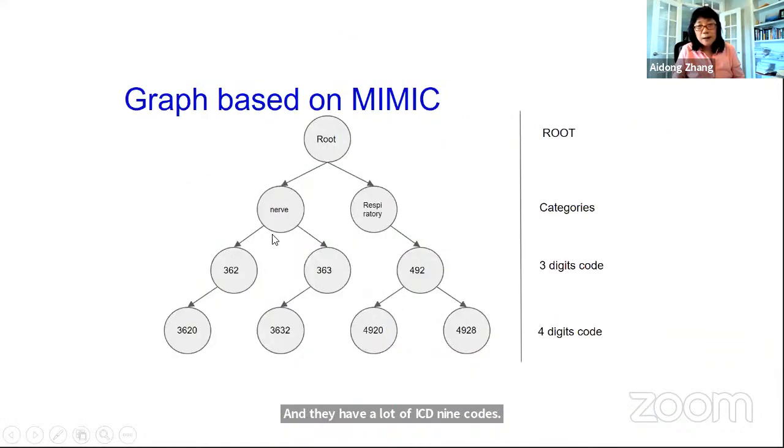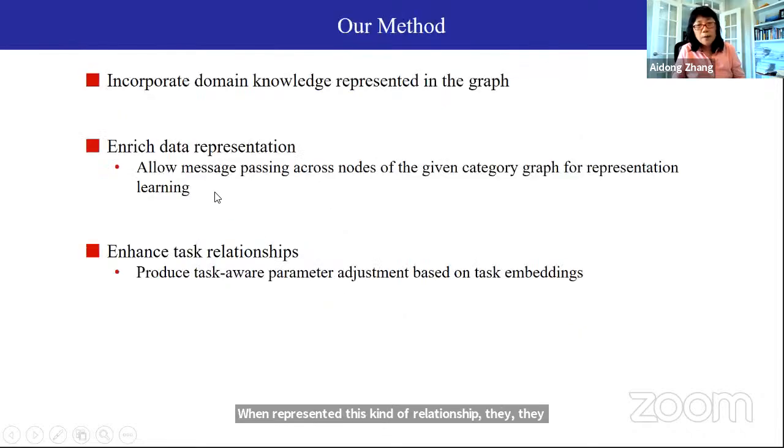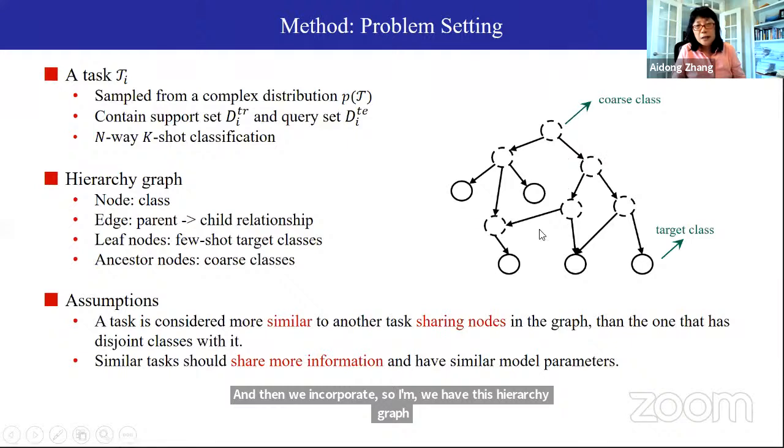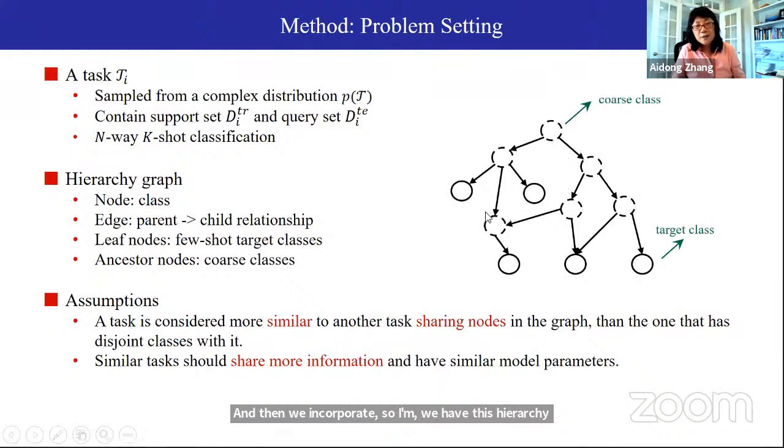We represented this kind of relationship: the coding system organizes the diseases in a hierarchy based on disease relationships. So we have a graph to denote the relationship between different classes.